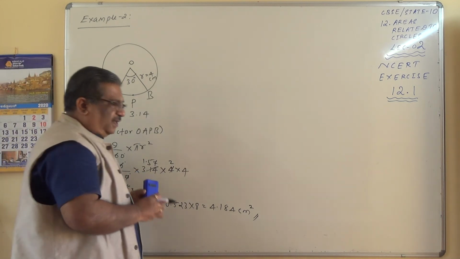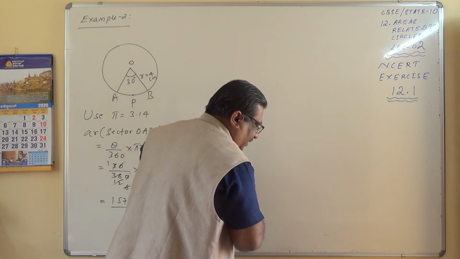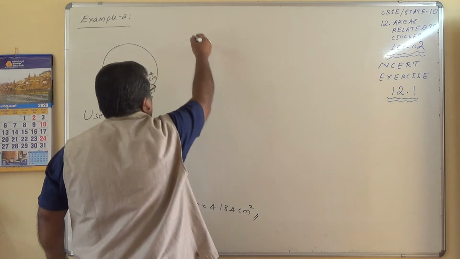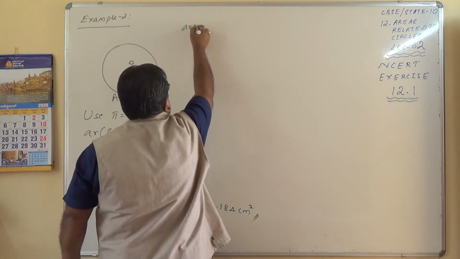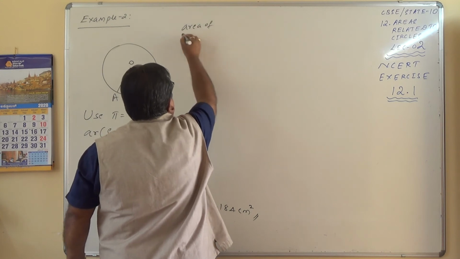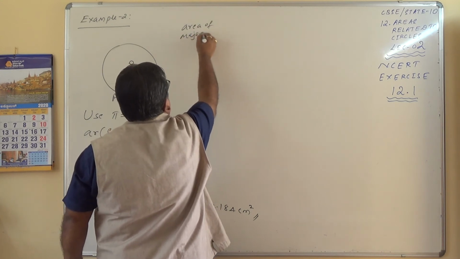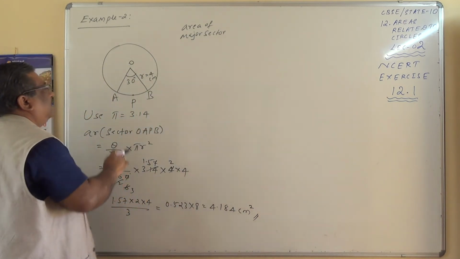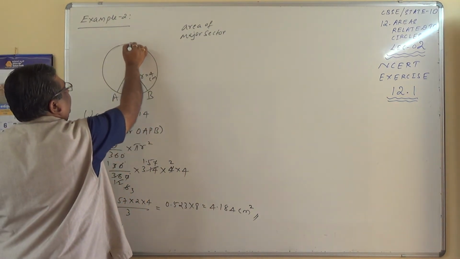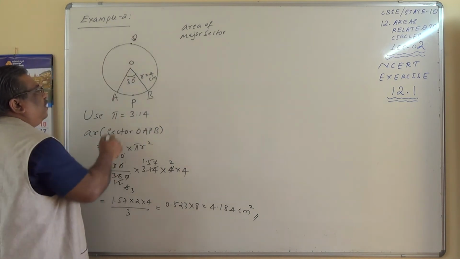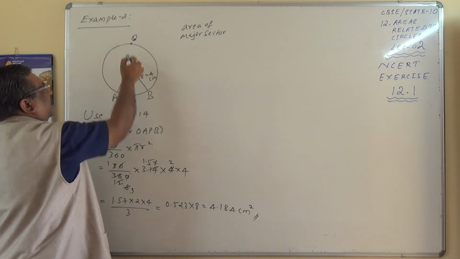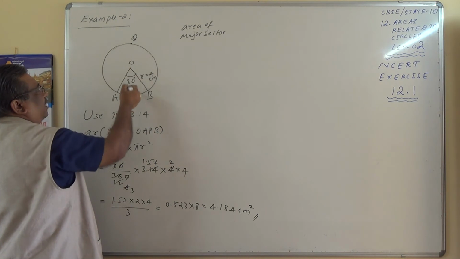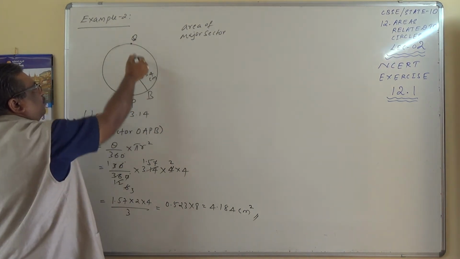Next comes the area of the major sector. Also find the area of the major sector. In order to do that, let me take a point over here and name it Q. So the major sector can be OAQB.